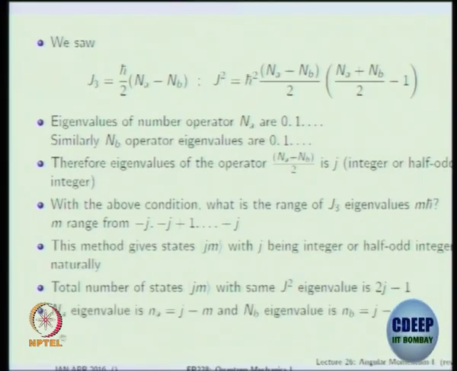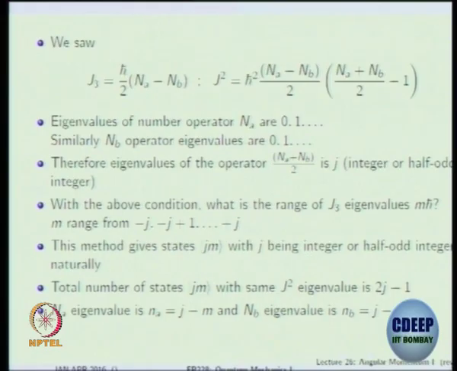You can also rewrite the eigenvalues of Na in terms of j and m. We will see why we want to do this. Given (Na plus Nb) by 2 is j, and (Na minus Nb) by 2 is m, you can write the eigenvalue of the number operator Na as j plus m, and similarly the eigenvalue of the number operator Nb is j minus m.